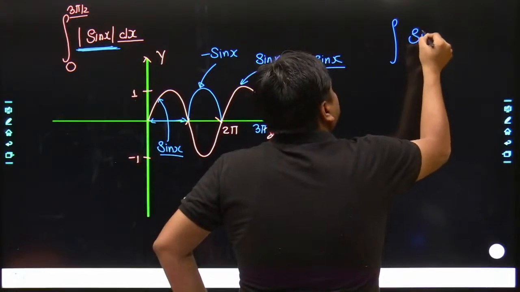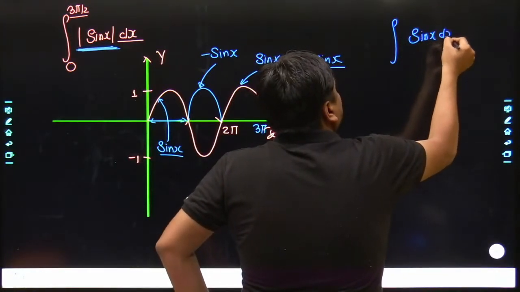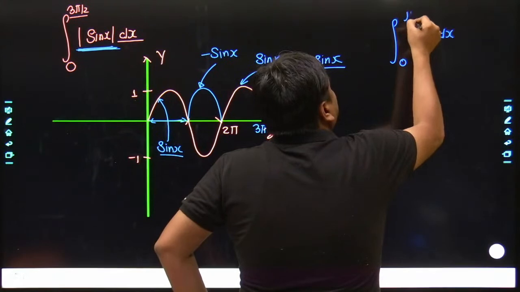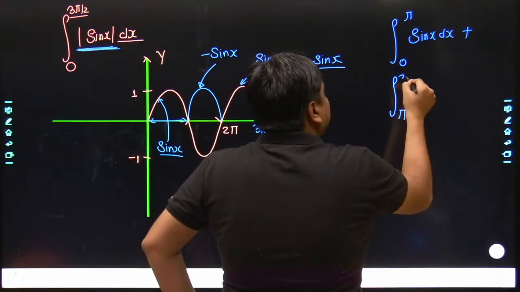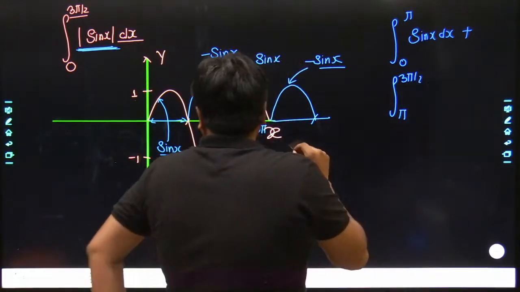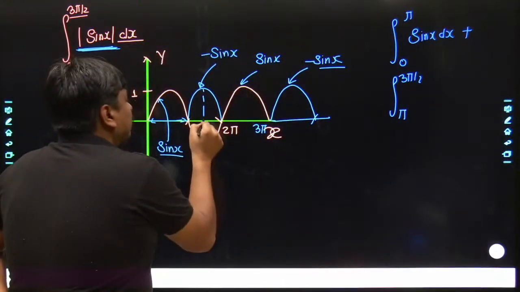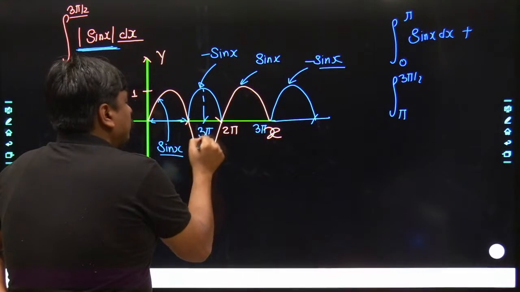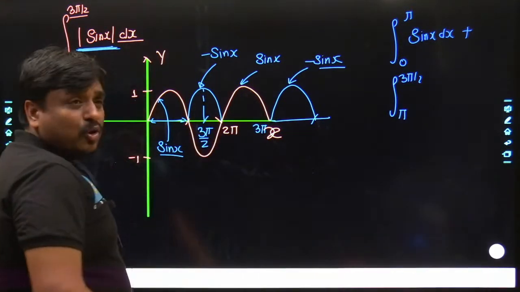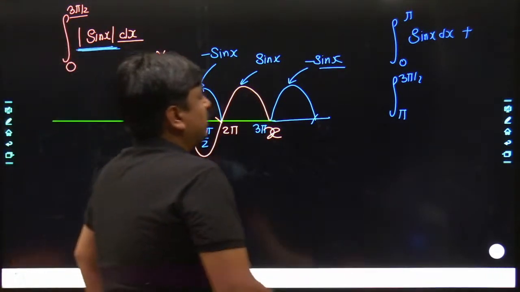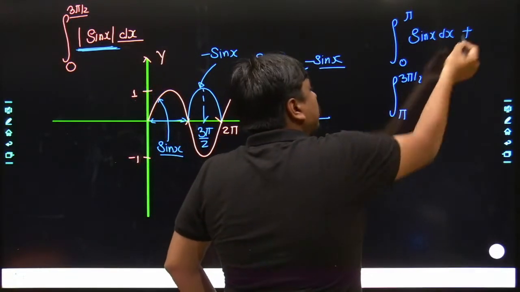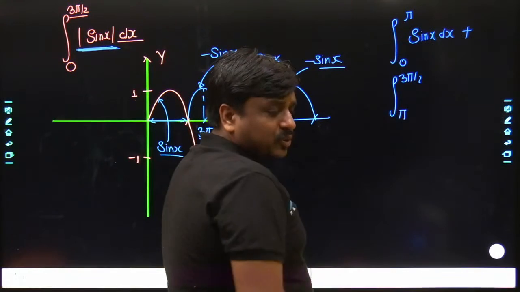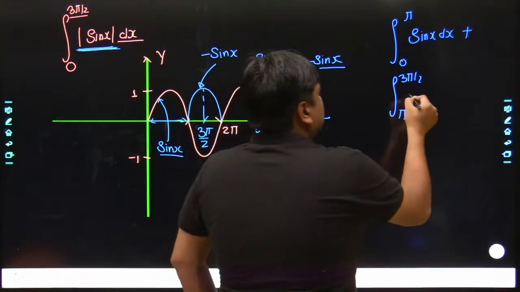So you would be taking the integration of sin of x from 0 to pi, plus, from pi to 3 pi by 2, where 3 pi by 2 would come somewhere here, the nature of mod of sin x is minus of sin x. So you can take minus of sin x dx, or the minus sign can be brought out, the plus and minus would get multiplied and it would simply become minus of sin x. Choice is yours.